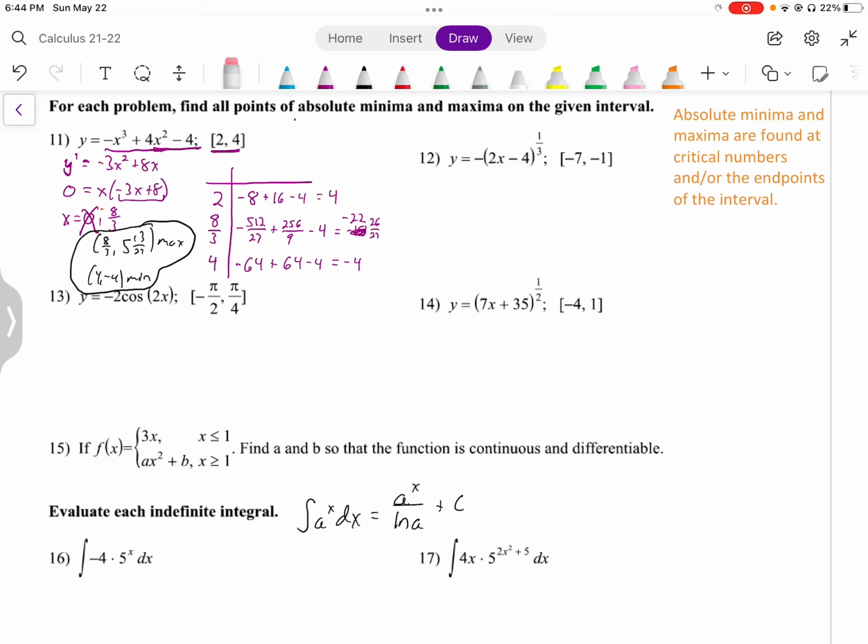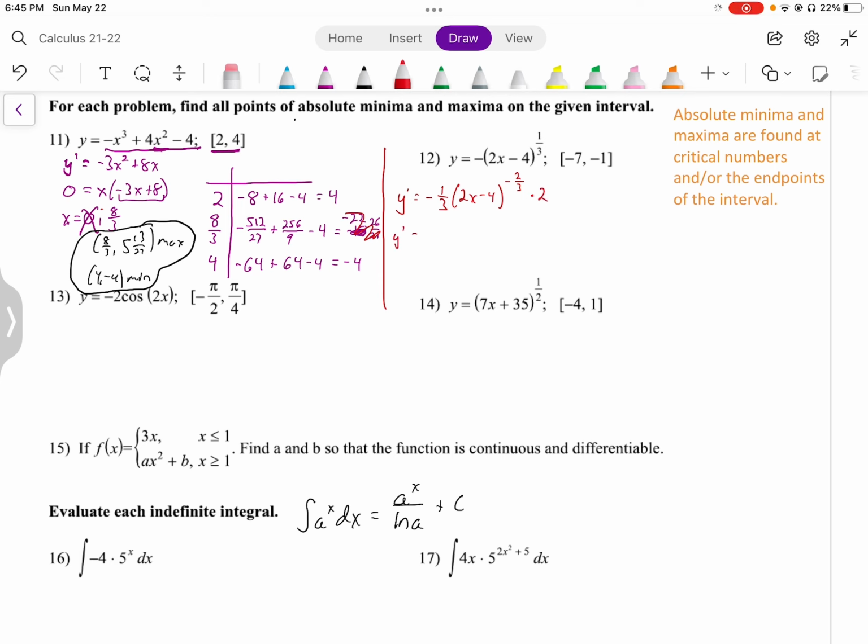Number 12, same idea. We need to find the critical numbers, so we need to take the derivative. y prime is equal to negative 1/3 times 2x minus 4 to the power of 1/3 minus 1, that's negative 2/3, times the derivative of what's inside, which is 2.